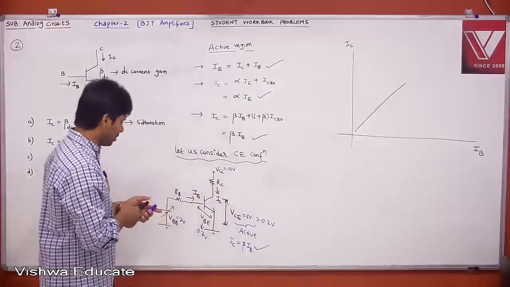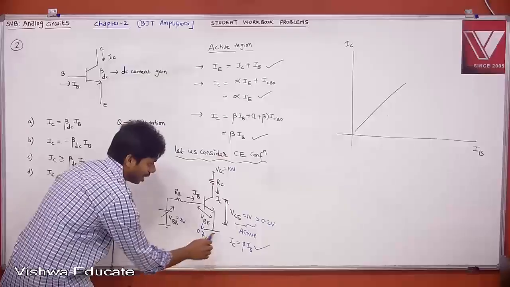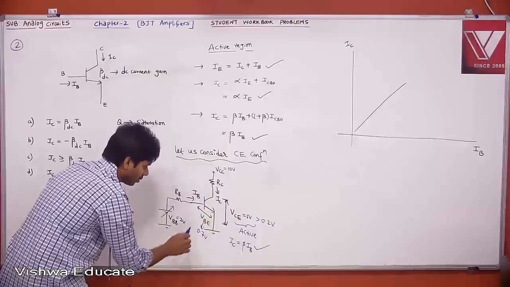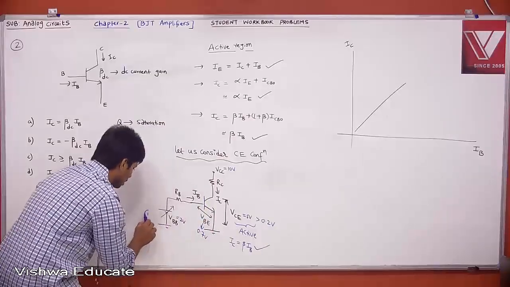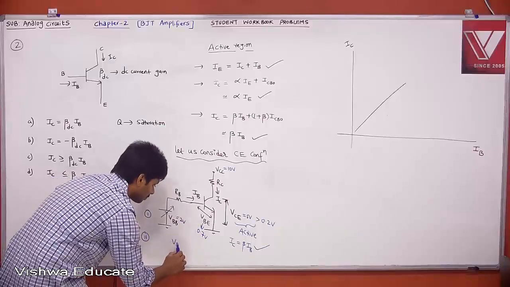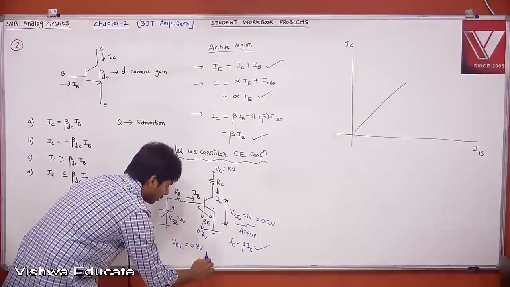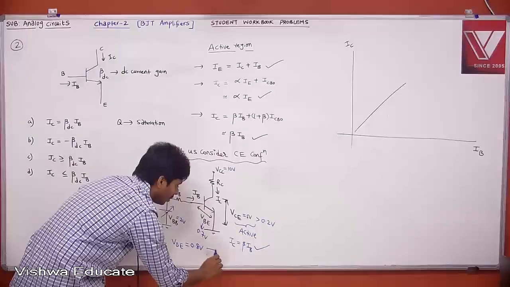Then remember, maybe I can say this is case 1, then case 2, right? Now this is an active region, that is fine. Now case 2, this is your case 1. Now case 2, I am increasing such that VBE is becoming 0.8 and VCE, that is what is giving you output.